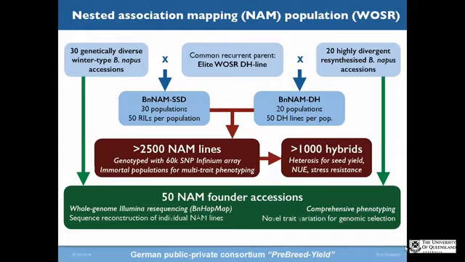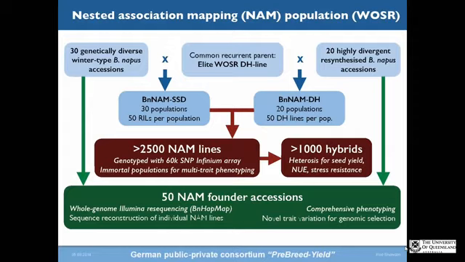We've got a large collection of 30 natural winter-type Brassica B. napus accessions and 20 extremely divergent resynthesized accessions. So these are crosses between cabbage and oil, what do you call it in English, oil turnip, which are basically the predecessors of Brassica napus, and we can reconstruct this cross in the lab in order to have extremely divergent inbred lines.